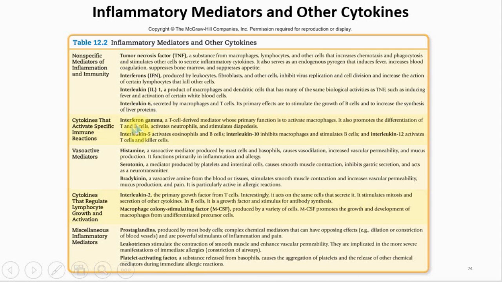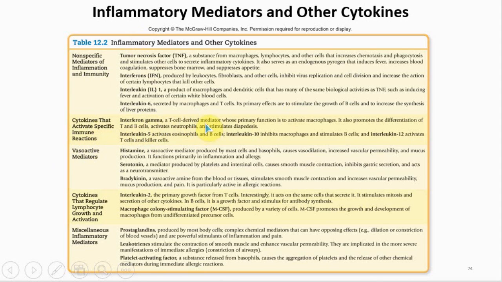So these were nonspecific mediators of inflammation and immunity. These are mediators that, remember, these are all cytokines, right? These activate specific immune reactions. So interferon gamma comes from T cells.